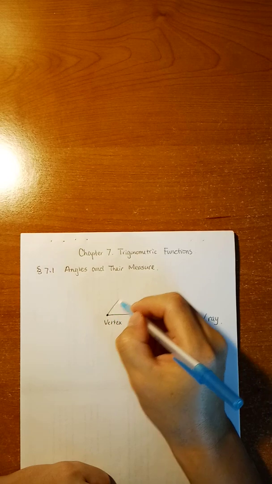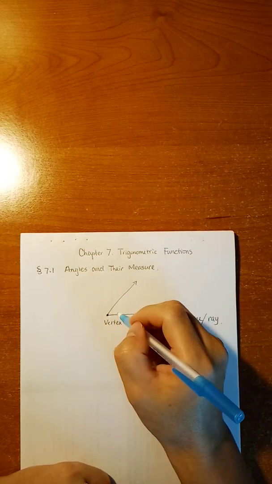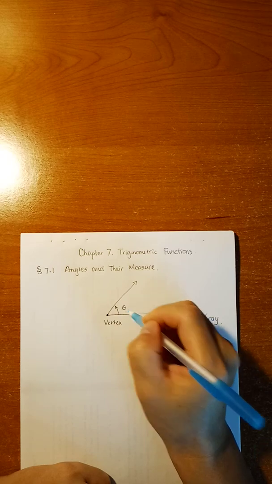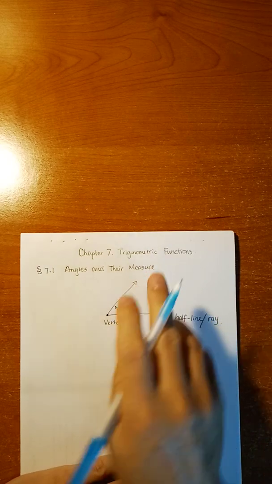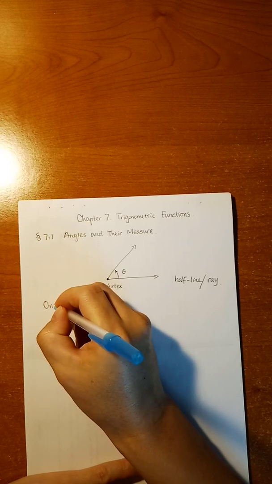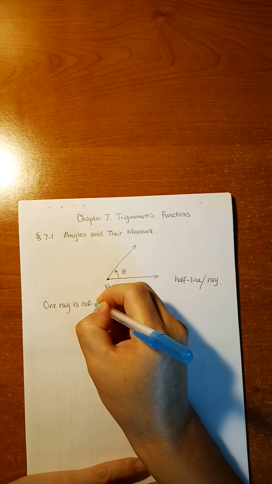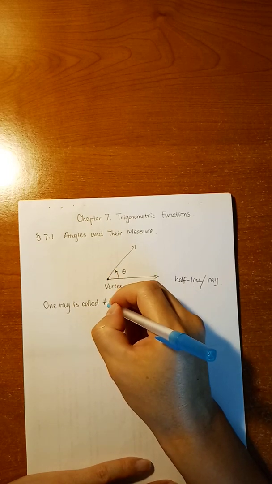If two rays share the same vertex, then they form an angle. Once you have two rays, one ray is called the initial side.